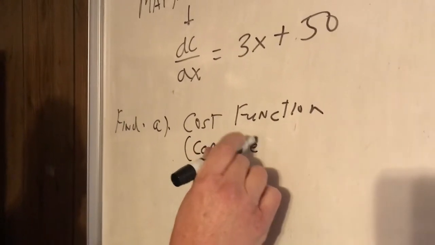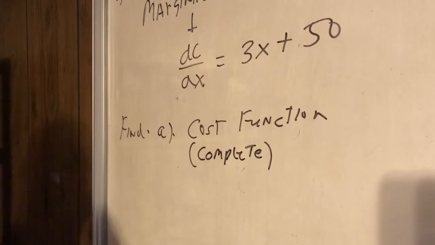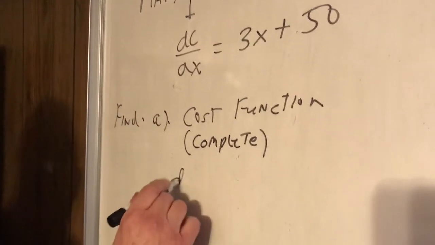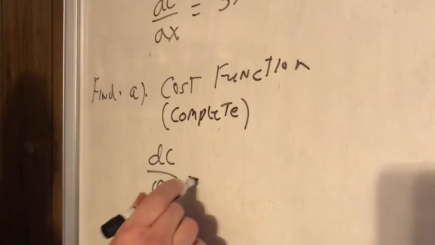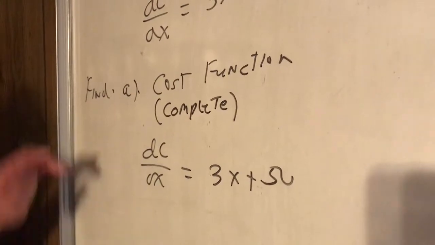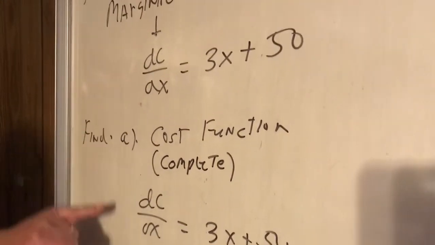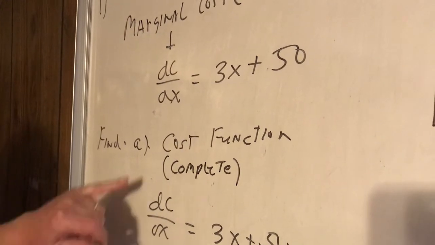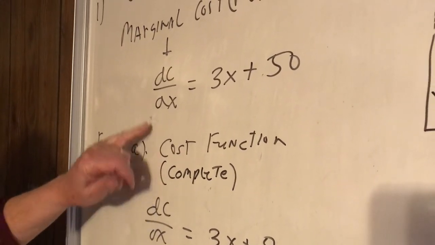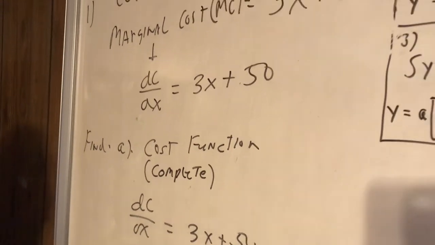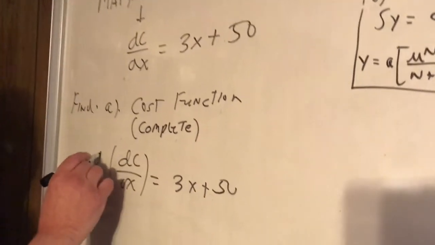When they ask for a complete cost function, they want the constant too. So let's set this up as an integral. Notice, here we start with the derivative and we work backwards to the integral. That's integration. When we started with the cost function and worked forward to the derivative, that was differentiation. Here we're doing integration. So we're going to multiply both sides by dx.